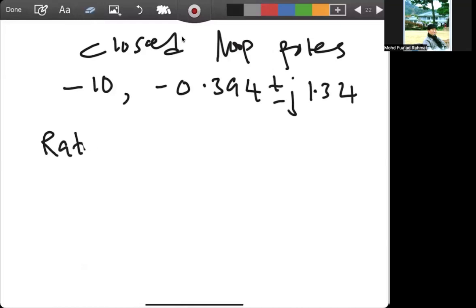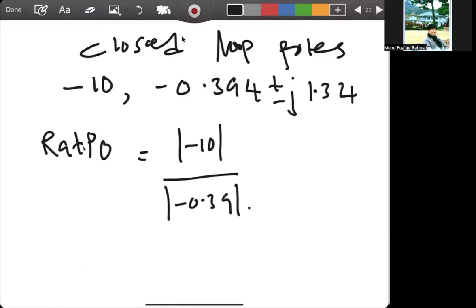Ratio. Okay. Minus 10 over the real part minus 0.39.